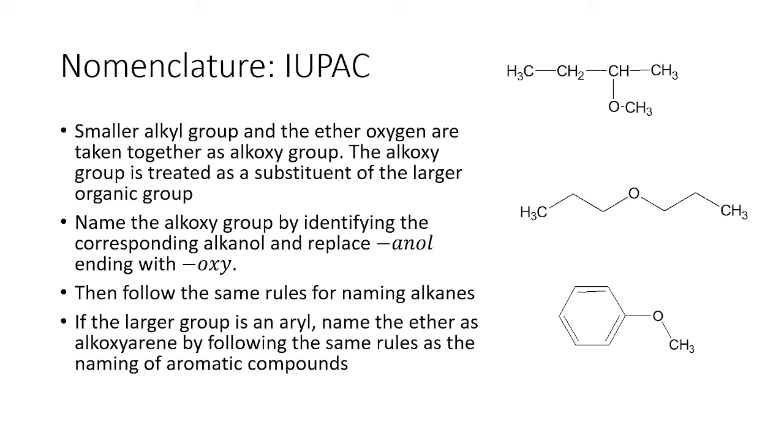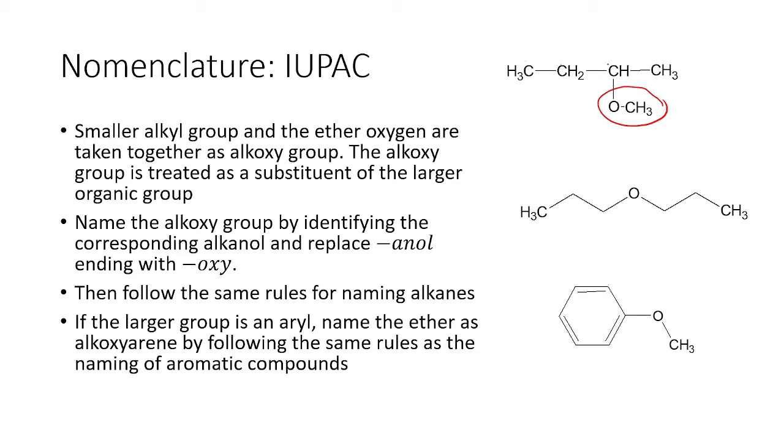So, ano ibig sabihin nun? So, for this example kanina, di ba, we have here a butyl methyl ether. But for this time, sabi doon sa first rule, we just need to get the smaller alkyl group, then the ether oxygen. That means we have this group, and that group will be treated as substituent of the larger organic group.